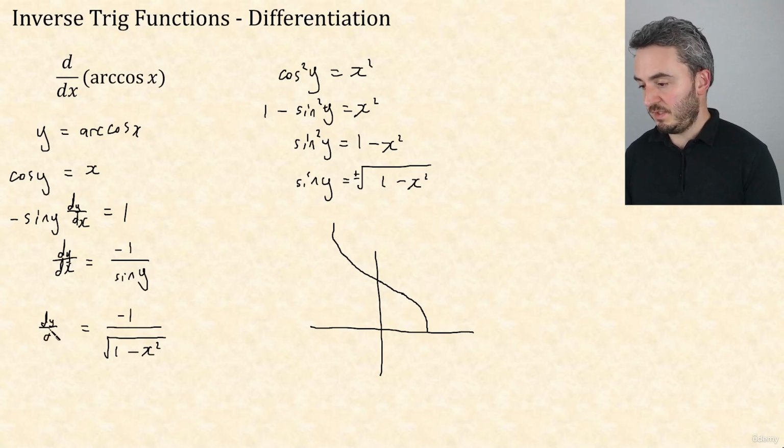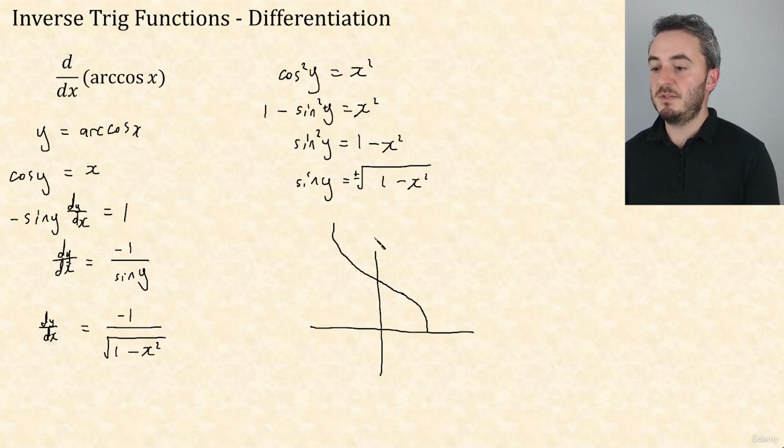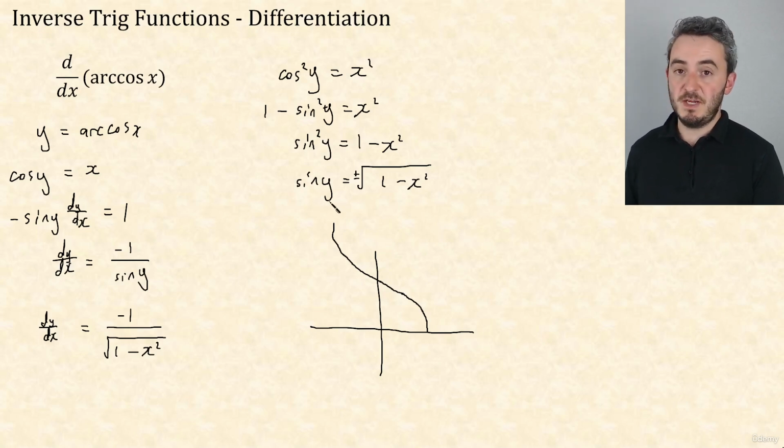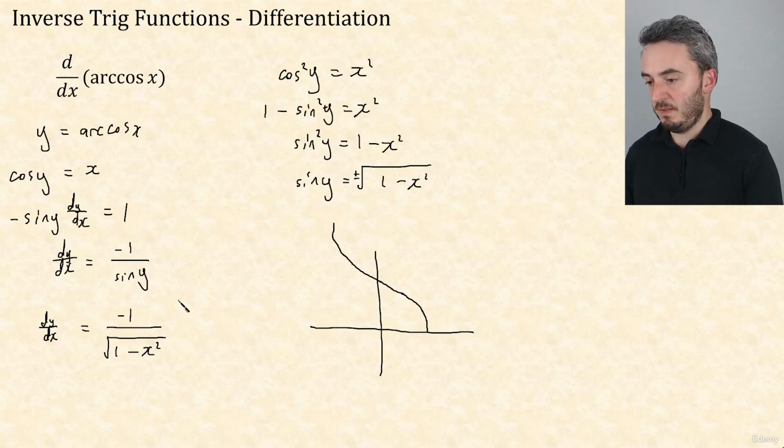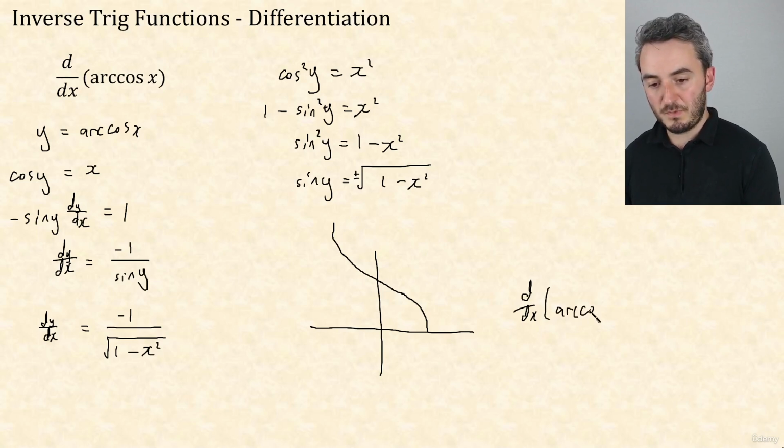The other way to think about it is that we always have y values between 0 and pi, and sine of numbers between 0 and pi are always positive. So minus 1 over something positive gives us our negative gradient. So here's our answer: d by dx of arccos x is minus 1 over root 1 minus x squared.